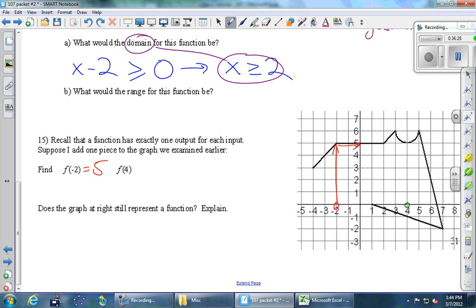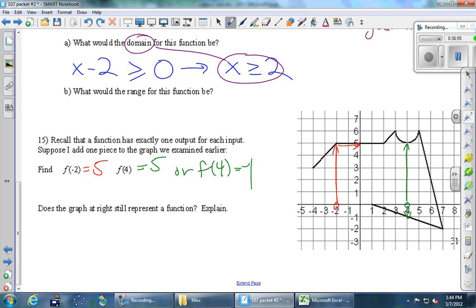You choose to go up, and what do you get for f of 4? Okay, so on the one hand, f of 4 is 5, but maybe some of us choose to go down. And what's the answer down there? So f of 4 is 5 on the one hand, or f of 4 is -1 on the other hand.